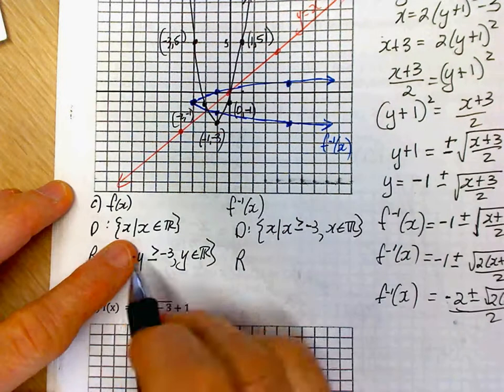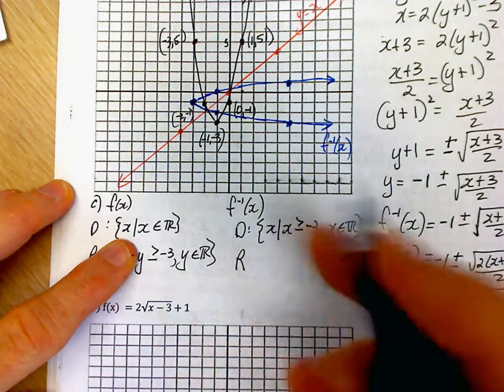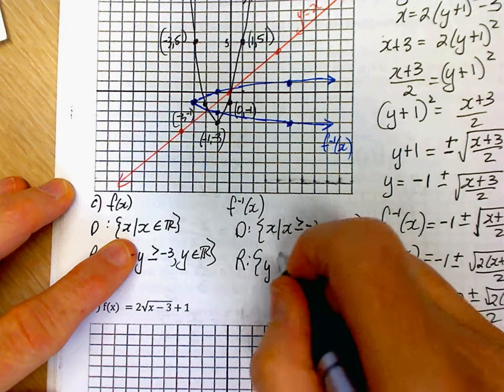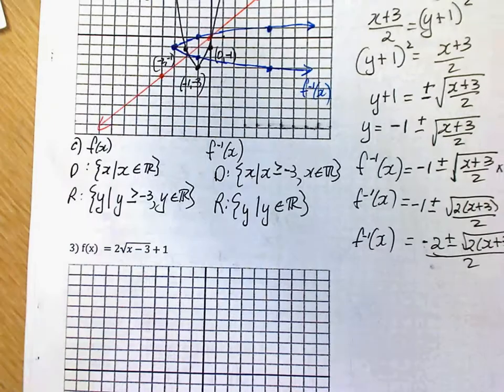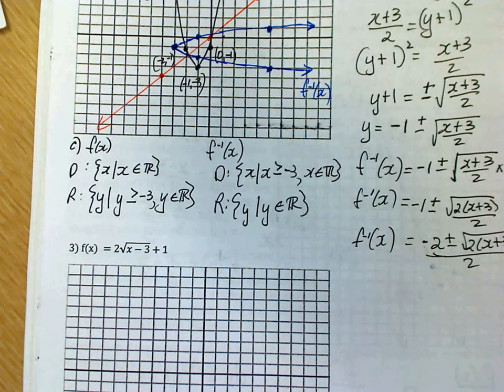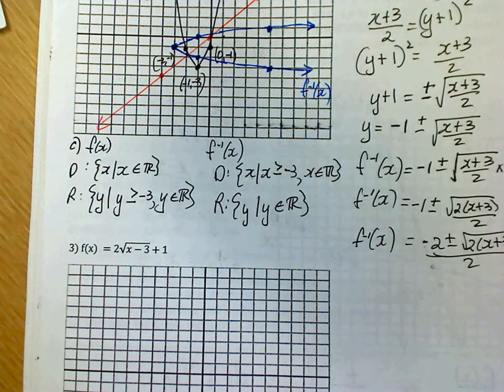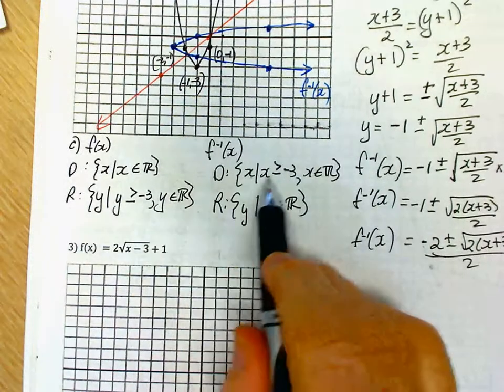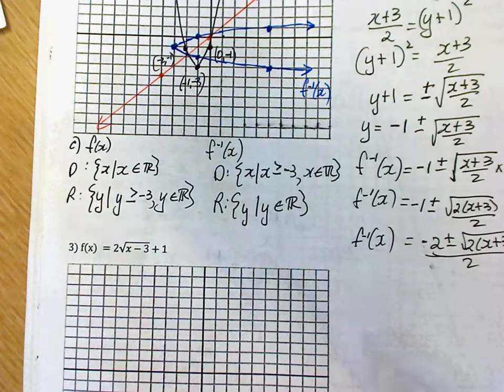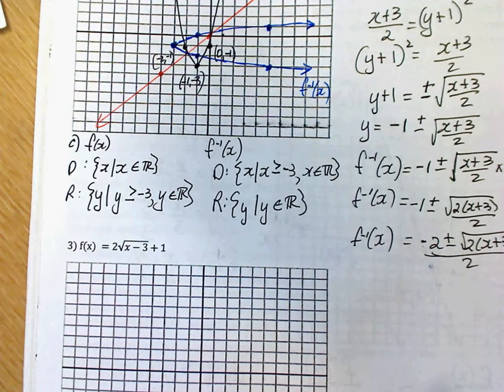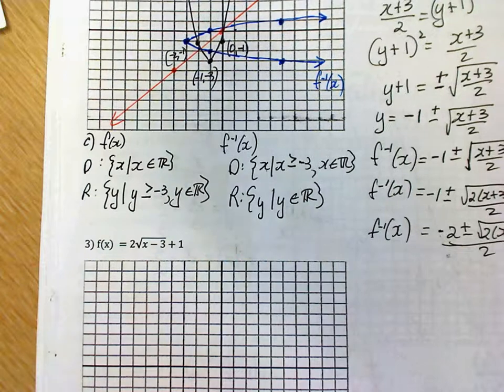So y such that y is an element of real numbers. See how the -3 went there and all real numbers went there. Do you see how they swap? Now, part D, I believe it's part D, is the inverse of function.